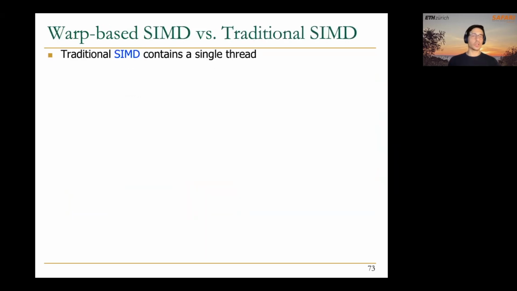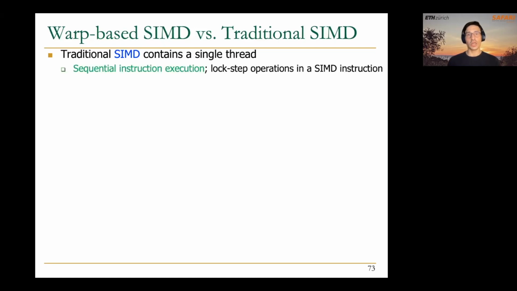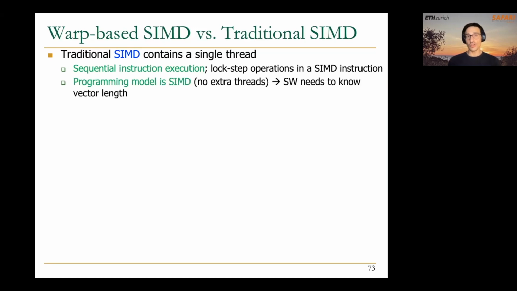So in order to recap and summarize this comparison between warp-based SIMD and traditional SIMD: in traditional SIMD, we have a single thread, and this thread executes sequential instructions, but these instructions are SIMD instructions. So the programming model is SIMD. There are no extra threads. What we are just doing is using vector instructions, or SIMD instructions in general.